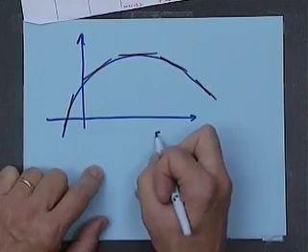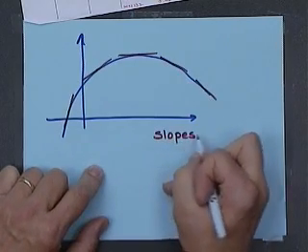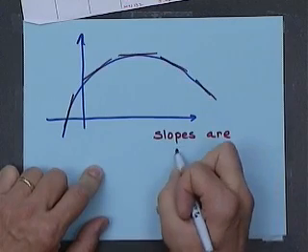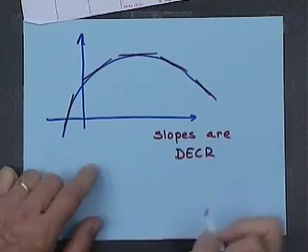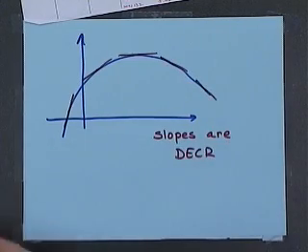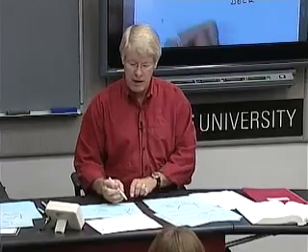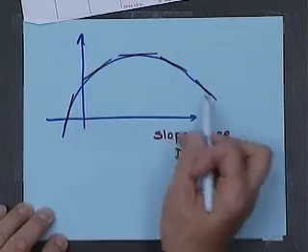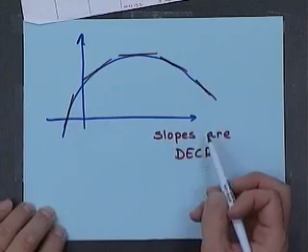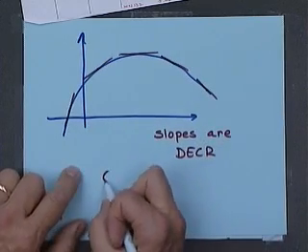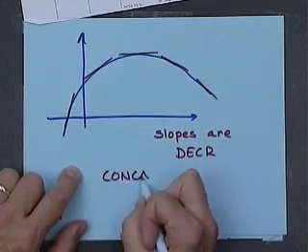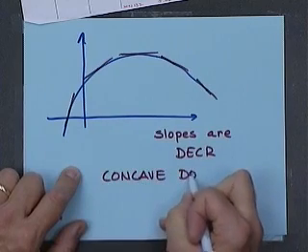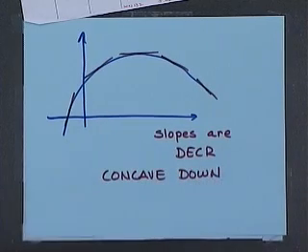So the slopes are decreasing. If you read this graph like you read a page of prose from left to right, the slopes are decreasing. It has to have this kind of shape. And what kind of shape is this? Concave down. No nice abbreviation for this. So that's how those shapes are determined.